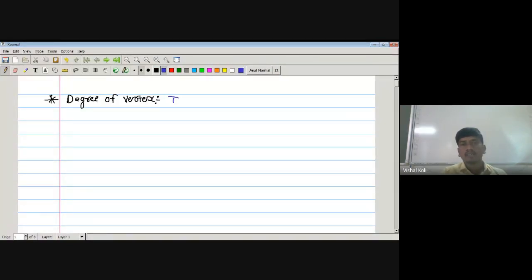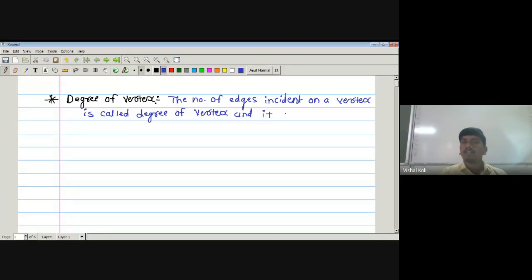The number of edges incident on a vertex is called the degree of the vertex, and it is denoted by degree of V or d of V.